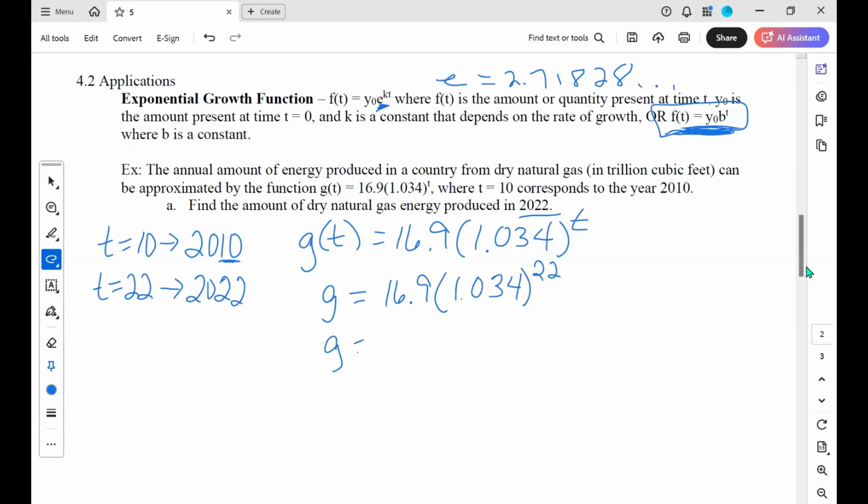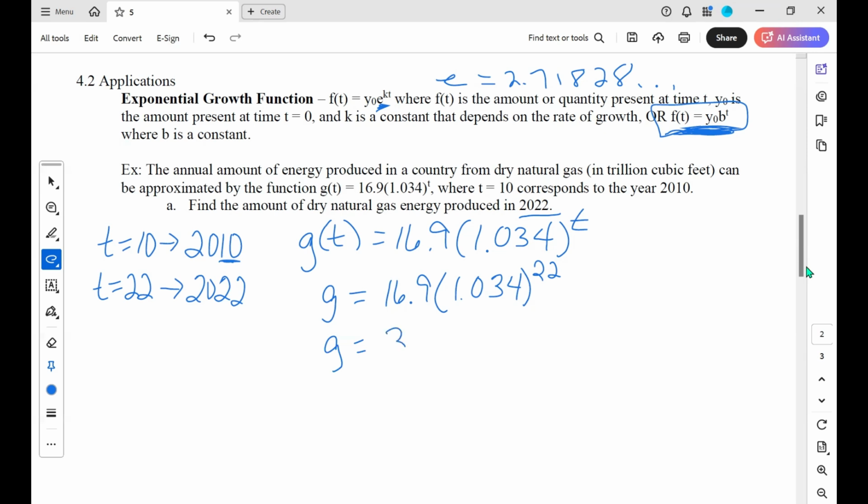And so we'll have G is equal to, and y'all, I keep forgetting my calculator. All right, let's see. Okay, so I've got 16.9 times 1.034 raised to the 22nd power.